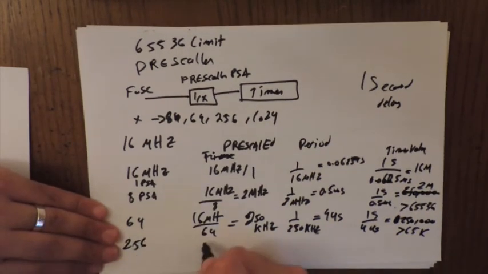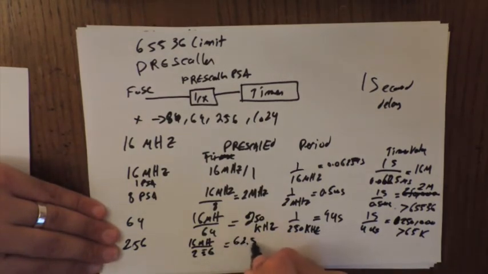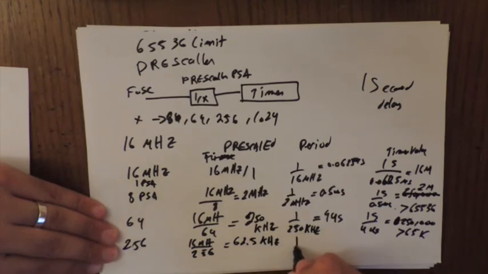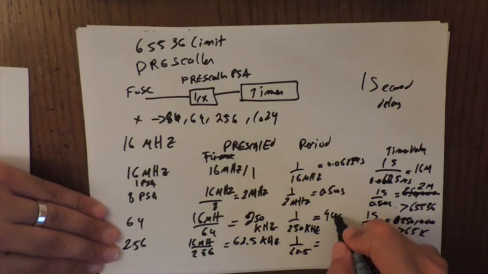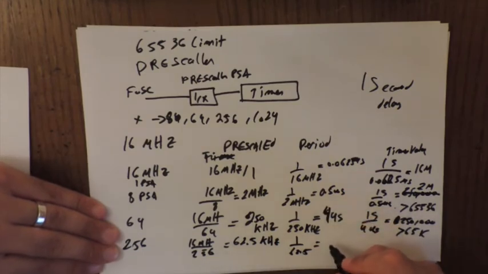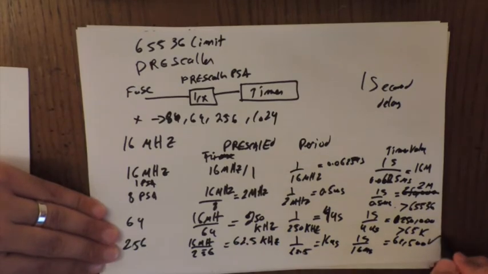For 256, I have 16 megahertz divided by 256, which is 62.5 kilohertz. 1 over 62.5 kilohertz is equal to 16 microseconds. So 1 second over 16 microseconds will be 62,500. So this works.